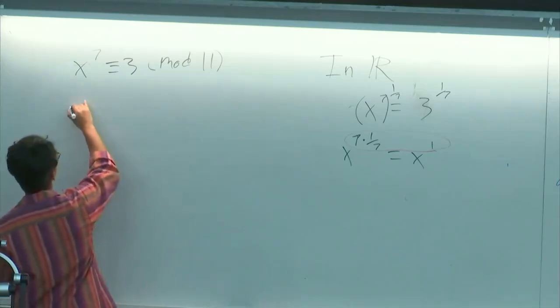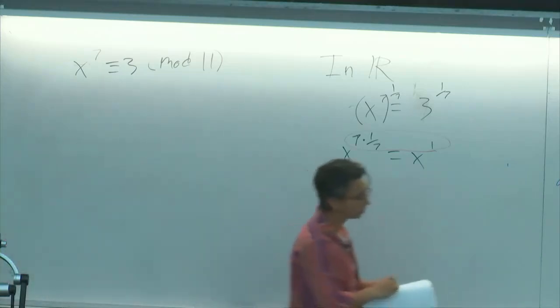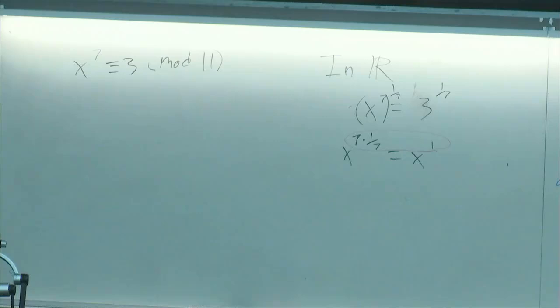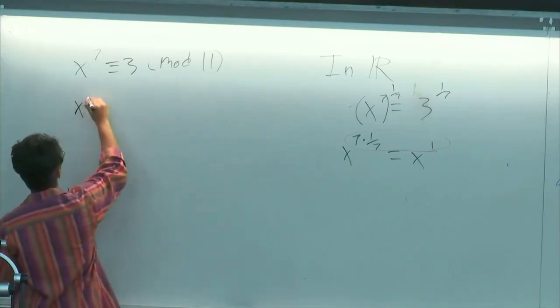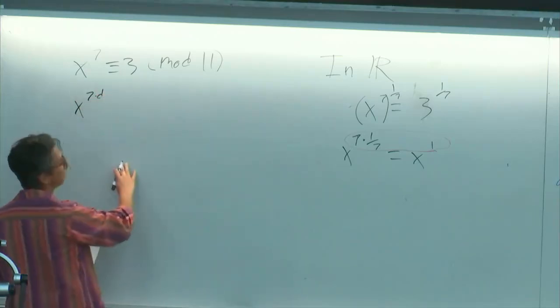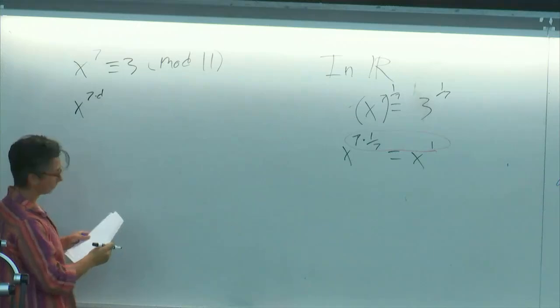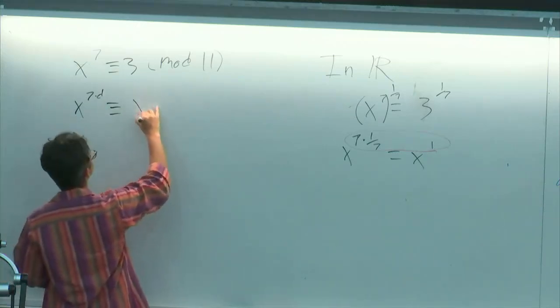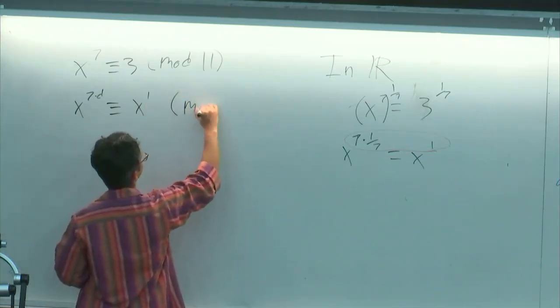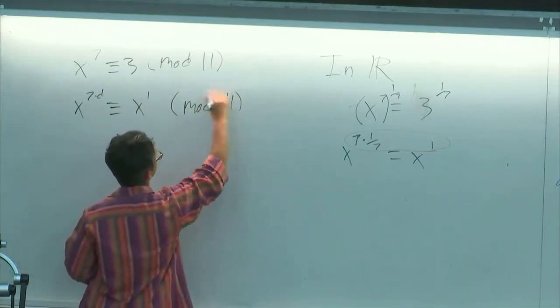What I want to do is turn my phone off. What I want is x to the 7 times some d, so that when I look at it, it becomes x to the 1, mod 11 in this case.